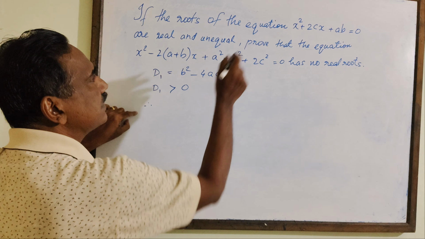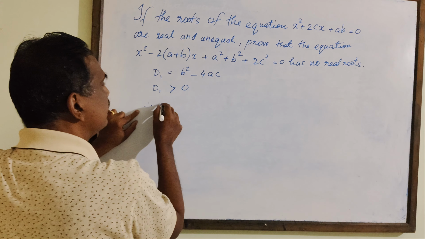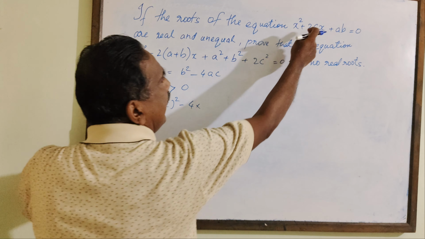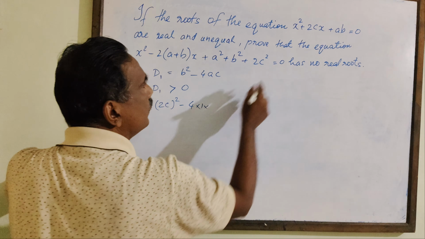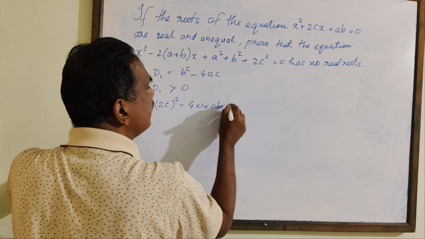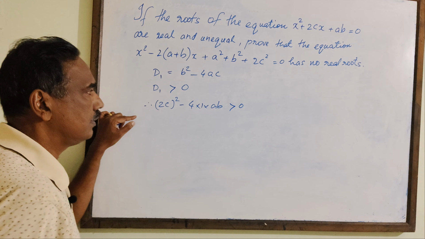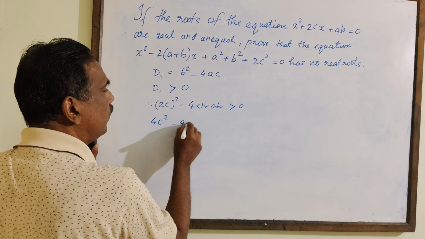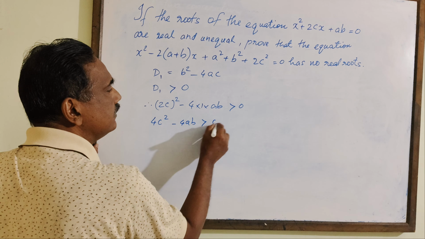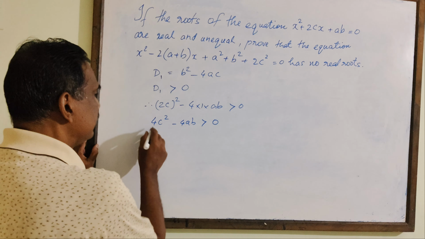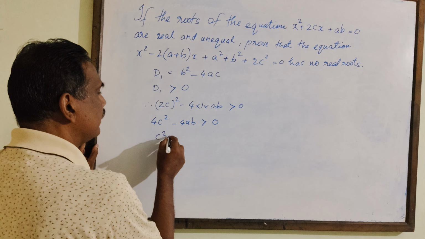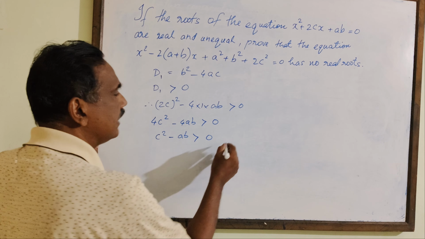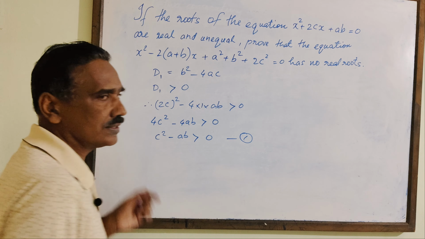So b square minus 4ac becomes 2c the whole square minus 4 into 1 into ab, which should be greater than 0. Opening this, you get 4c square minus 4ab greater than 0. You can cancel 4 throughout, so you get c square minus ab greater than 0. Let us take this as the first equation.